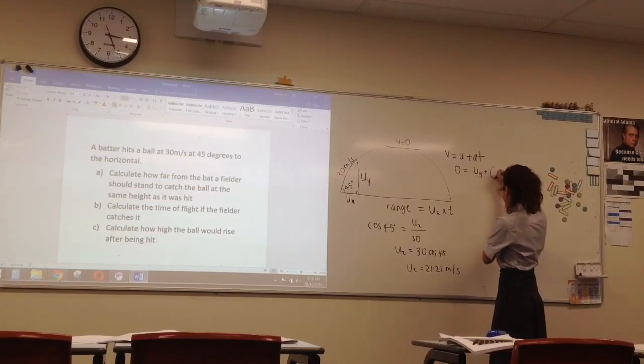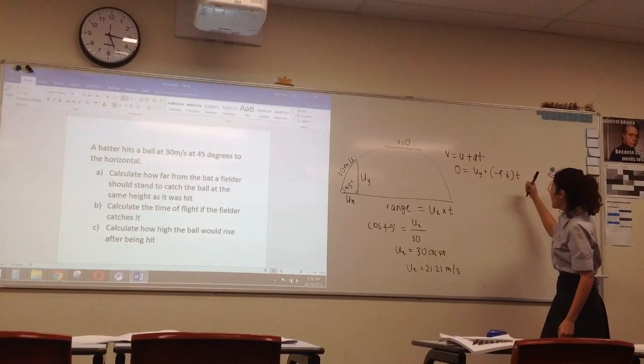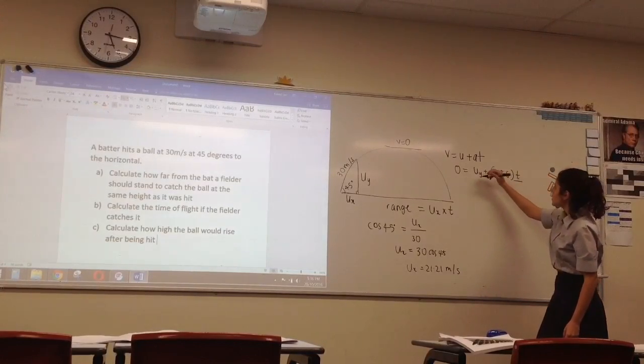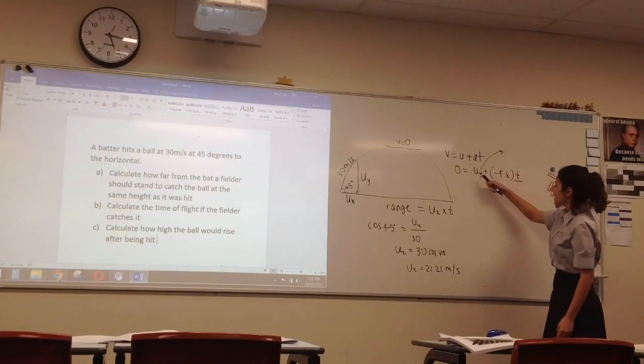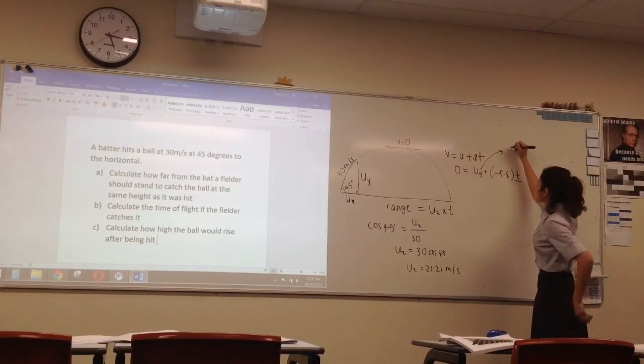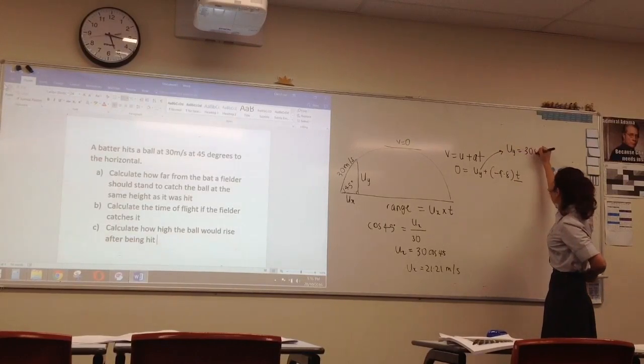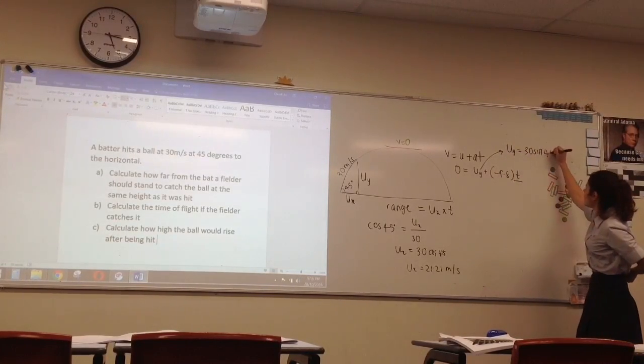Plus negative 9.8 times t, which we're looking for. So to find uy, we do trig again. So you could just do uy equals 30 sin 45.